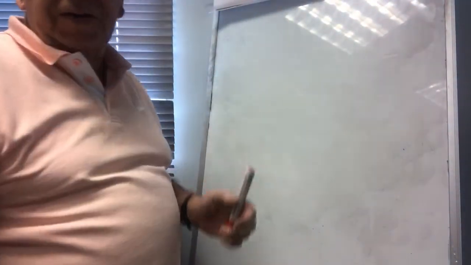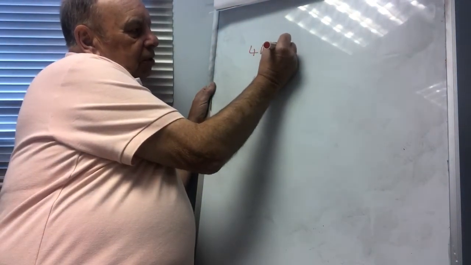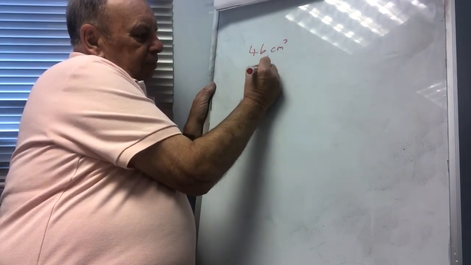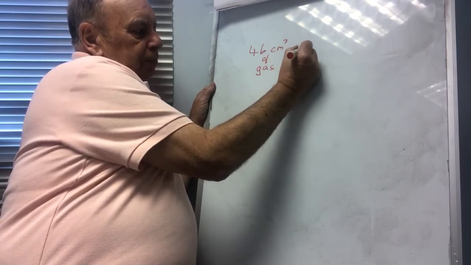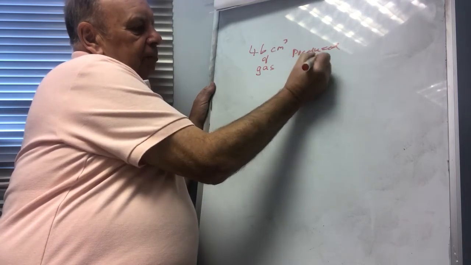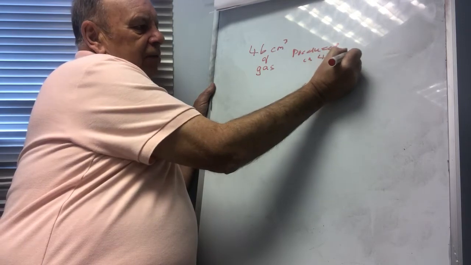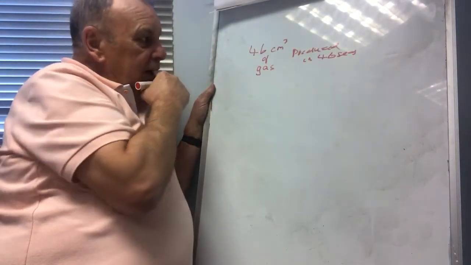So if I say, for example, I've got 46 centimetre cubed of a gas produced in 4.6 seconds, what is its rate of reaction?